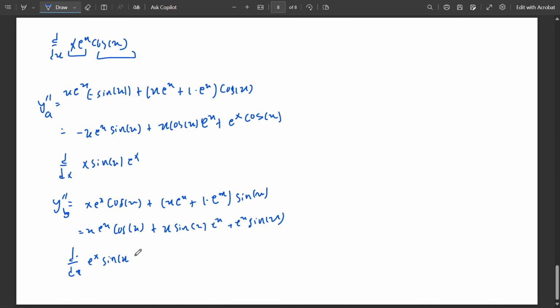This is just our product rule, so it's cosine of x plus e to the x, the derivative of e to the x times sine of x.